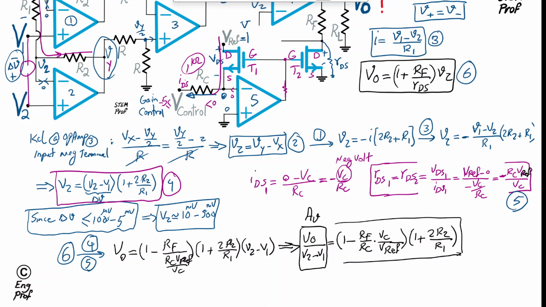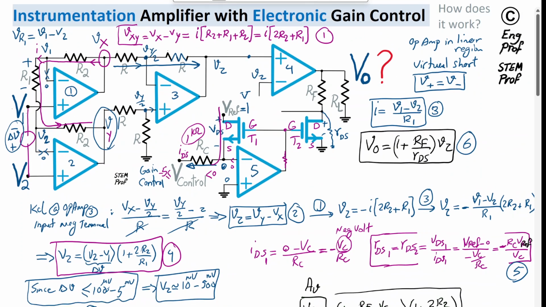The nice thing about this design is the first term allows us to control the value of Vz that appears at both positive and negative terminals of op-amp 4, which then appears at the drain of T2, and we need to keep it at max 1 volt ref so that VDS of this transistor is small enough to keep this transistor in the deep ohmic region or linear region.